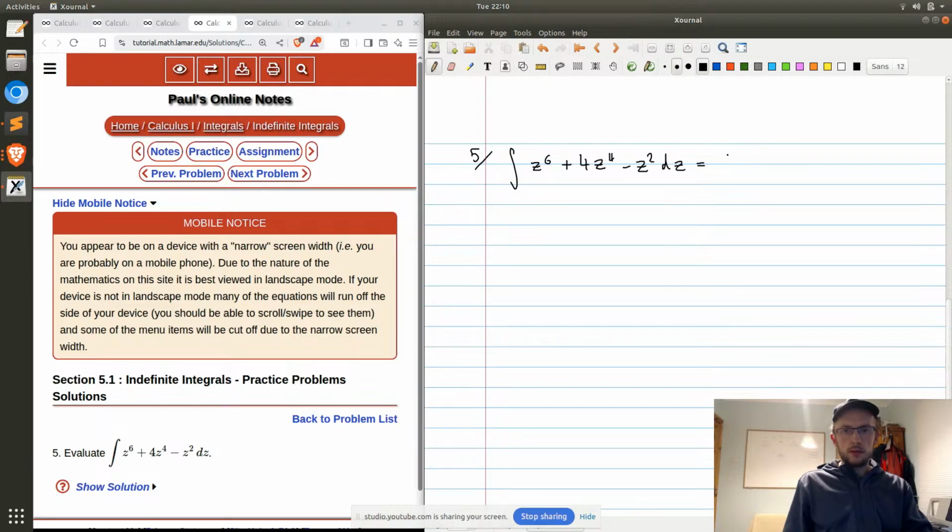Evaluate the integral of z to the 6 plus 4z to the 4 minus z squared dz.